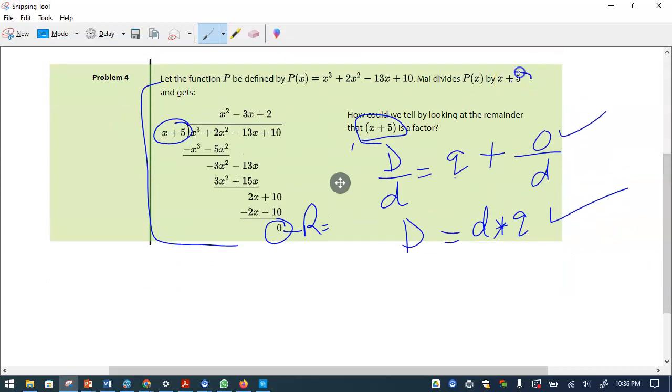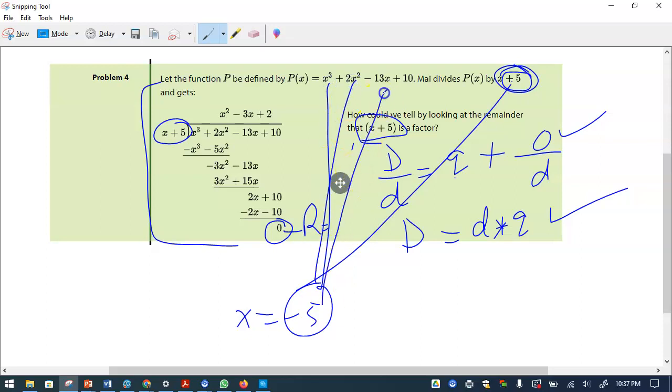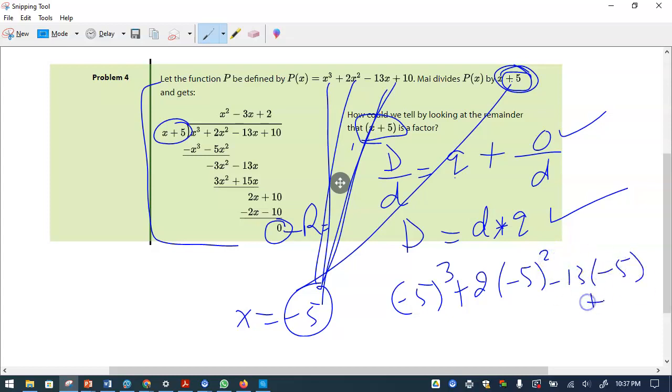Another way to show whether x plus 5 is a factor is to do the opposite, x equals -5, plug it in here and check with the calculator, and you will see -5 cubed. So this is the remainder theorem. We can work this out and you'll still get 0.